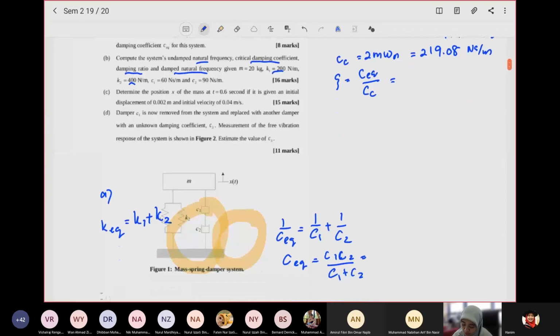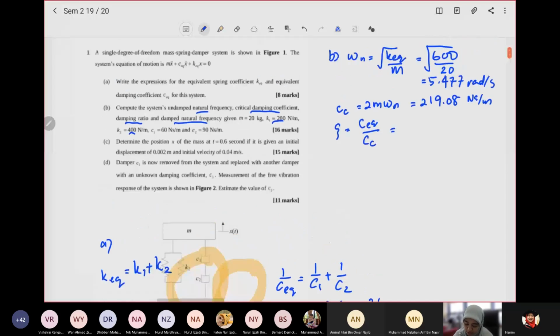If you substitute the value, your C equivalent should be 36. So if you calculate 36 divided by 219.08, you will get 0.164.